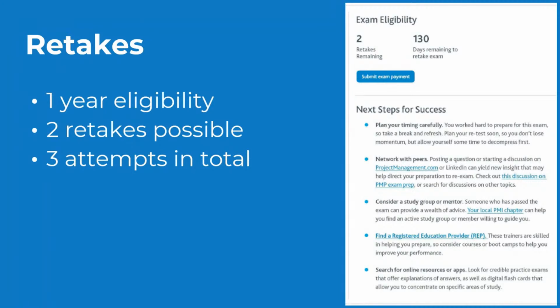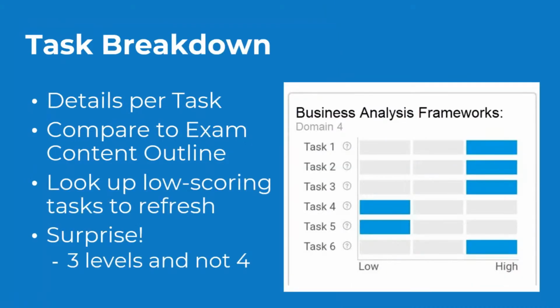So let's drill down into these results here. Remember, we have 4 domains on the CAPM exam that PMI is testing you on. And this here is a breakdown of this domain performance.